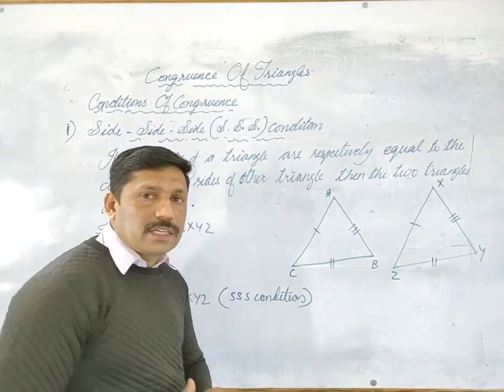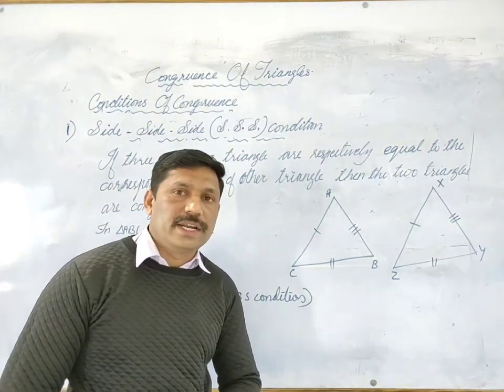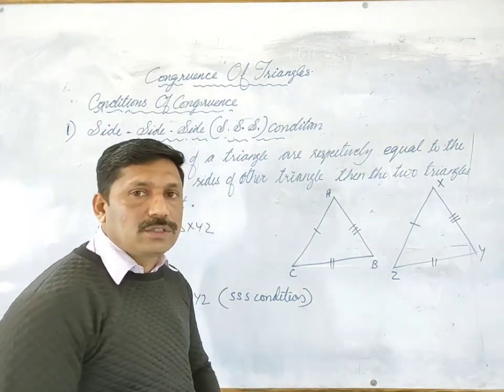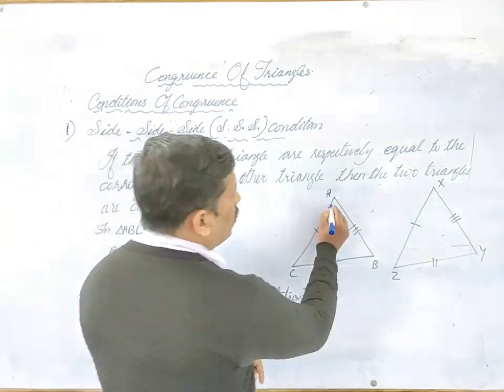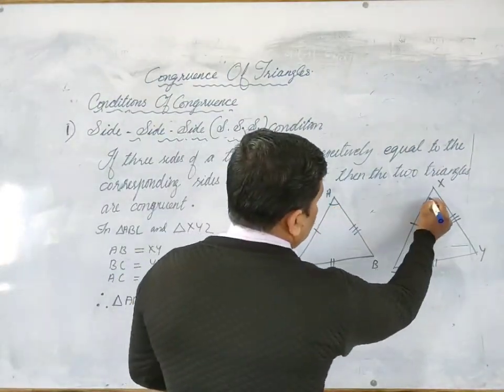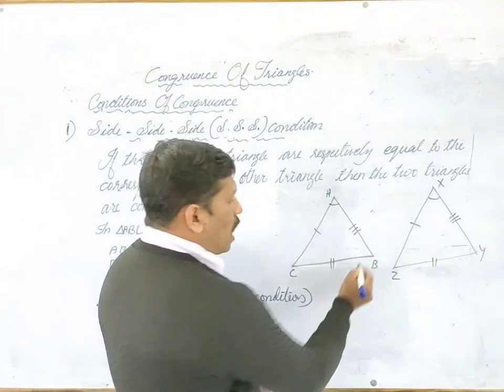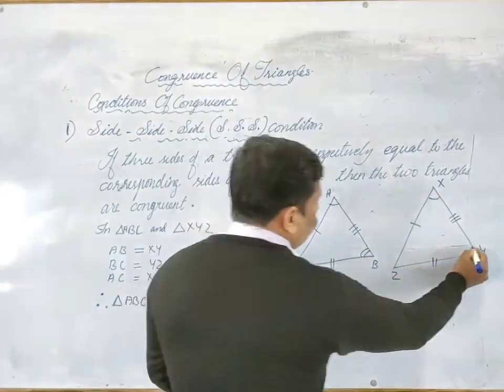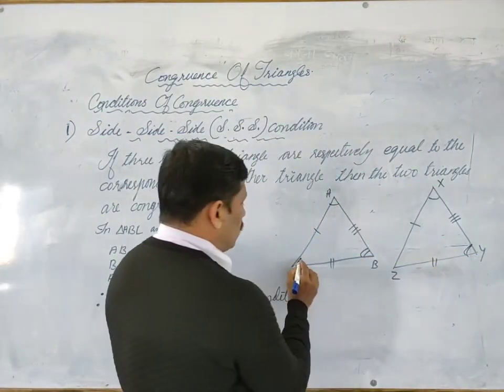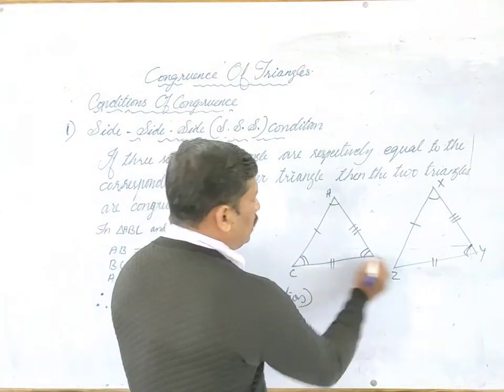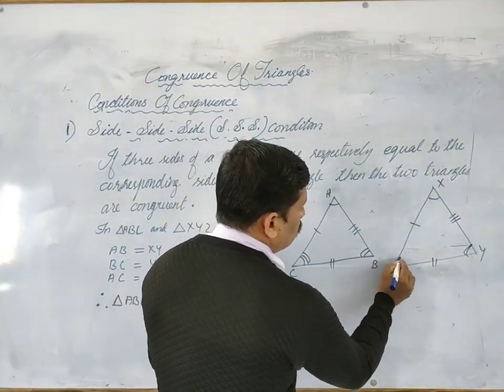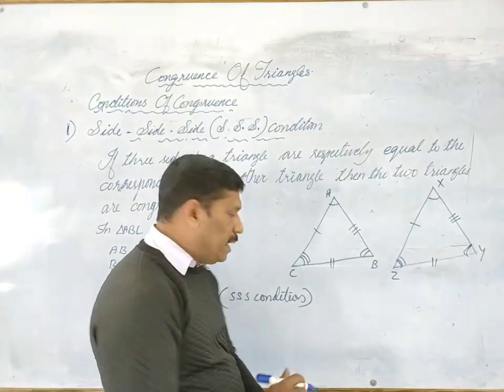And if two triangles are congruent by S condition, then their corresponding angles also will be equal. That means angle A will be equal to angle X, and angle B is correspondingly equal to angle Y, and angle C is correspondingly equal to angle Z. So the corresponding angles also will be equal.